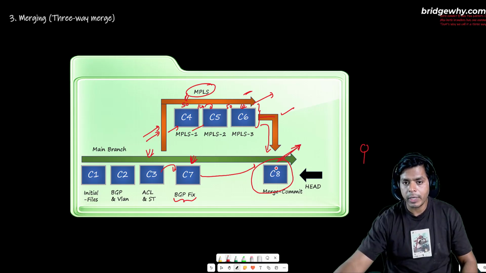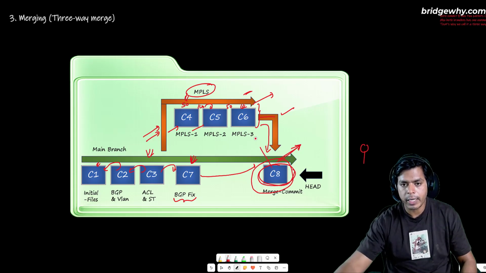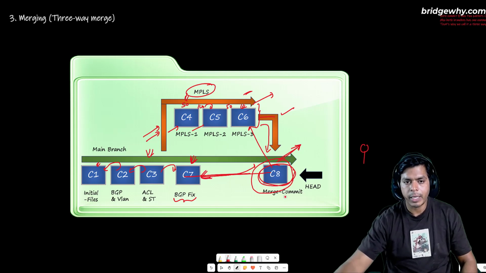And if we talk about it, see, C1 is the parent of C2. C2 is the parent of C3, right? If we see this C8, C8 is going to have two parents. One is C6 and one is C7, right?